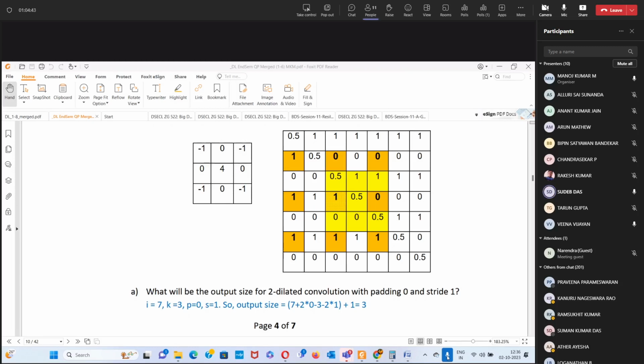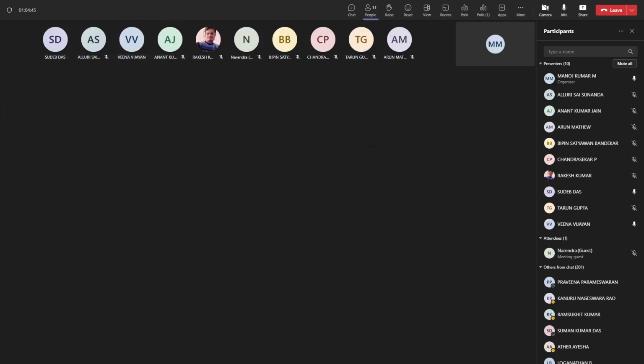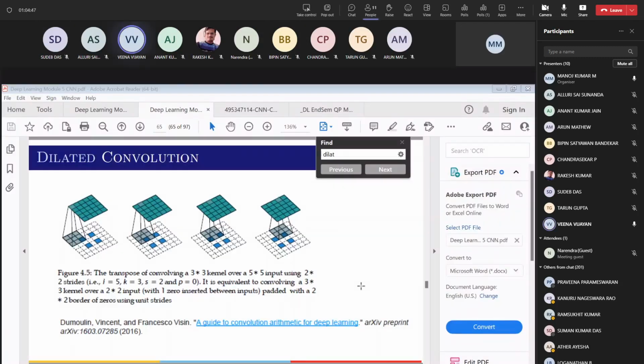I'm sharing for a minute. Are you able to see the screen? Yes. So this is the slide deck which we have got. Usually when we say there is a 3 by 3 kernel, we apply it in this space.